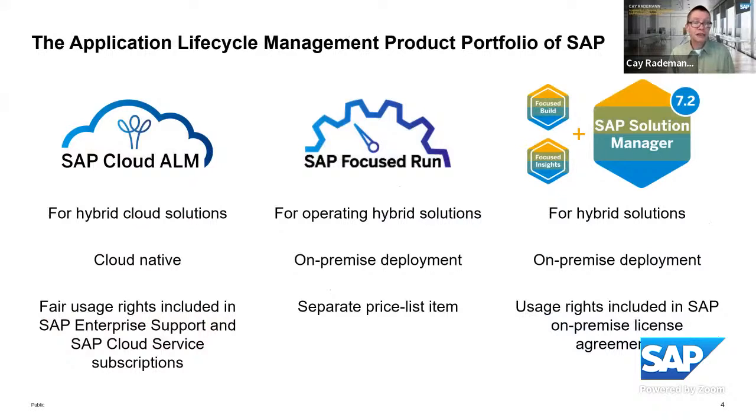Basically, there are 3 different Application Lifecycle Management products which we provide at SAP. Let's start here from the right-hand side. That is the longest existing product, the SAP Solution Manager, in combination with add-ons called Focused Build and Focused Insights.